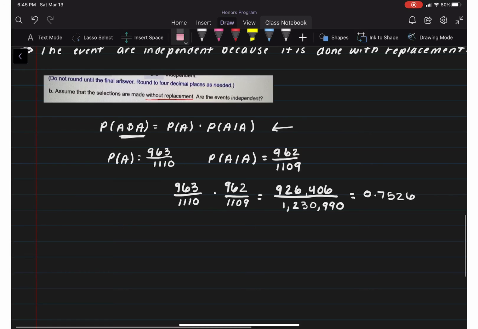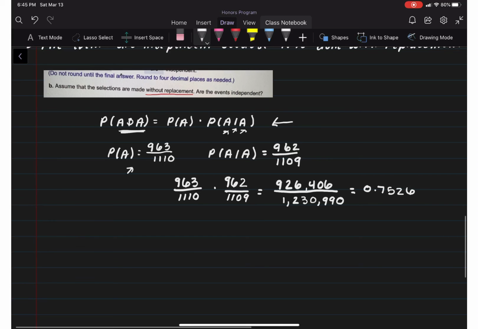So the probability that both will be accurate equals the probability that it will be accurate times the probability that it will be accurate given that it will be accurate. So we already did the probability of it being accurate, 963 over 1,110.